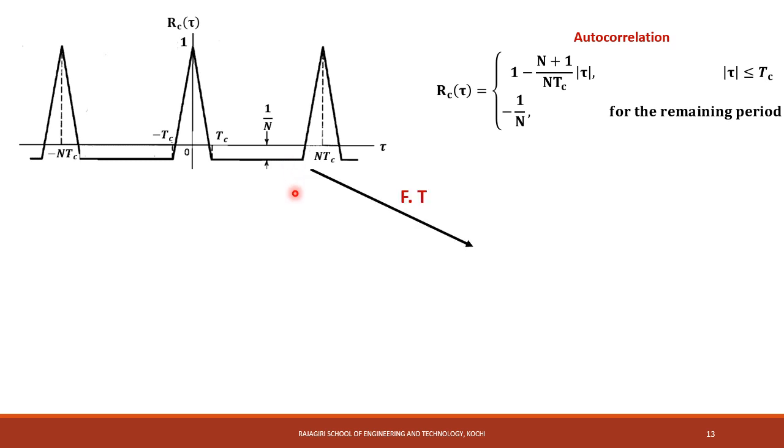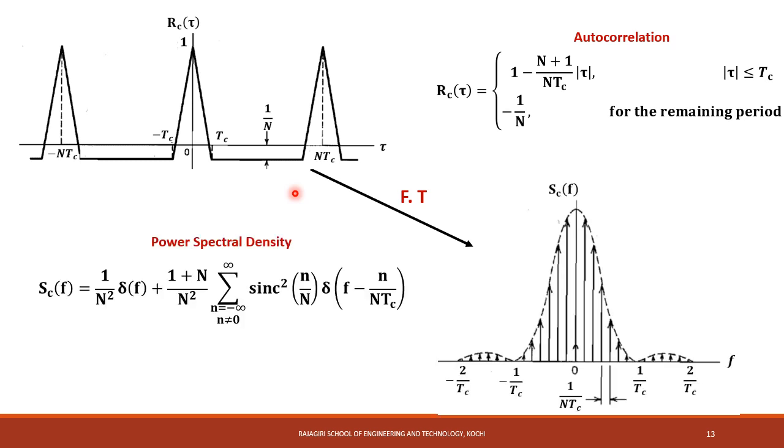Now, when you take the Fourier transform of the autocorrelation function, we will obtain the power spectral density. The power spectral density of this waveform follows the sinc square signal, and it consists of a number of impulse signals which are equally spaced at 1 by n into Tc hertz.